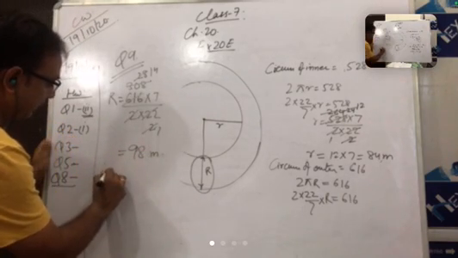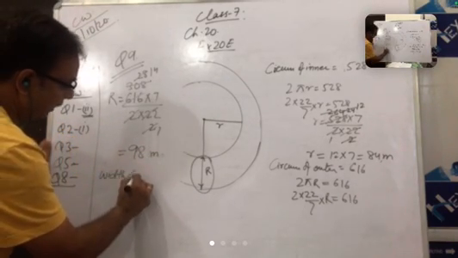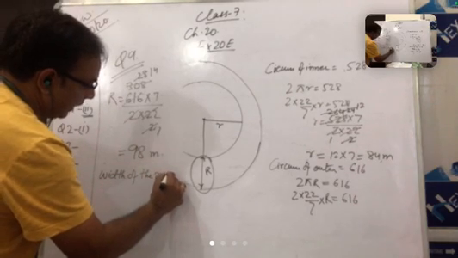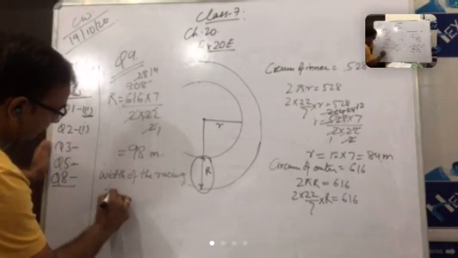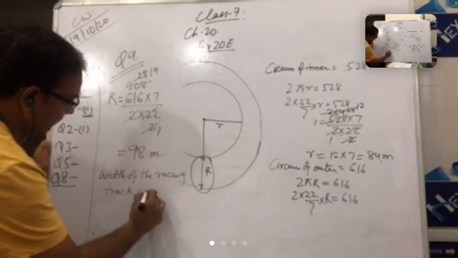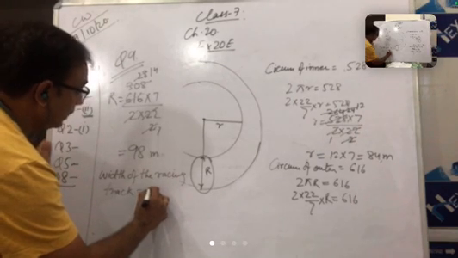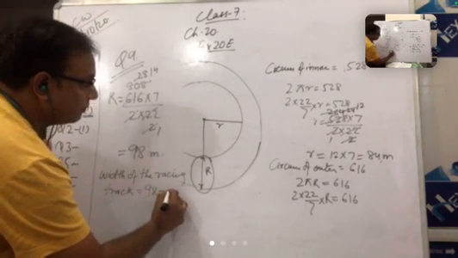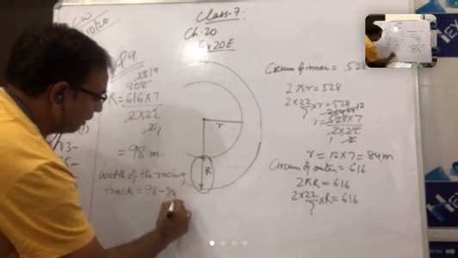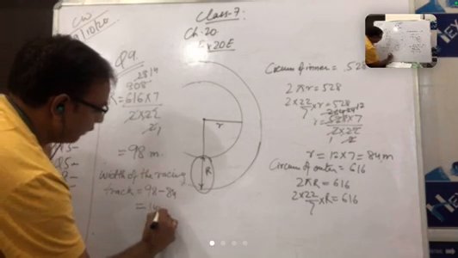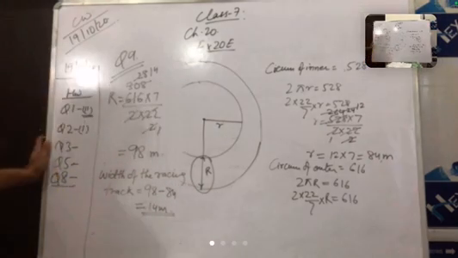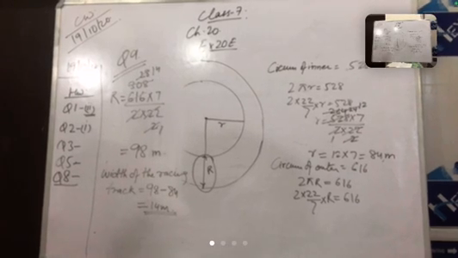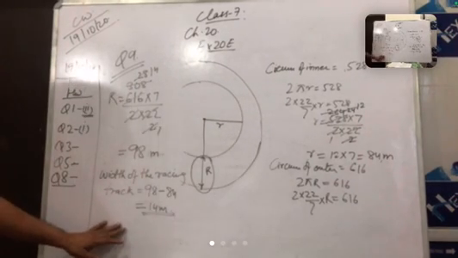And now the width of the racing track is equal to 98 minus 84, which is equal to 14 meter. Now it is clear.